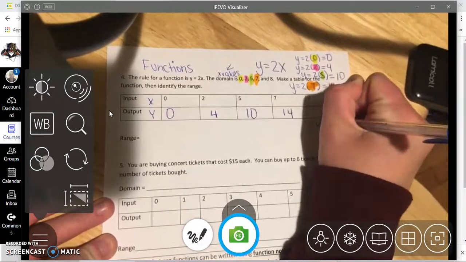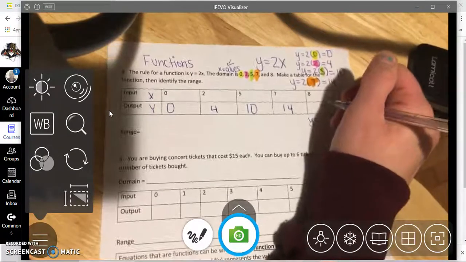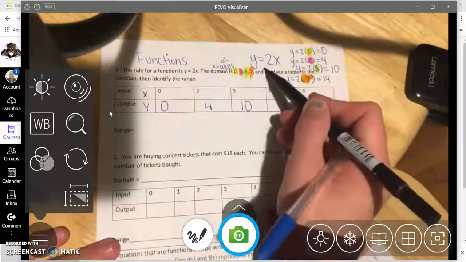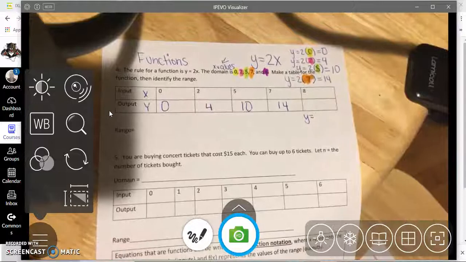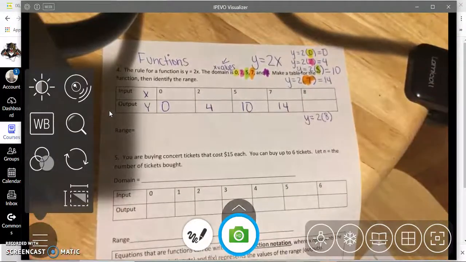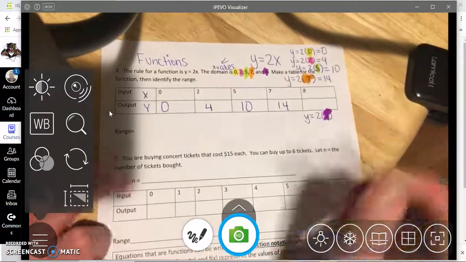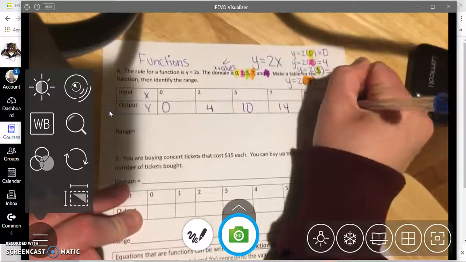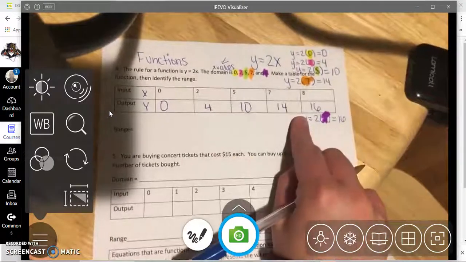Y equals 2 times, let's get a light color, purple. It's okay. Y equals 2 times 8. 2 times 8 is 16. So these are all of the y values.